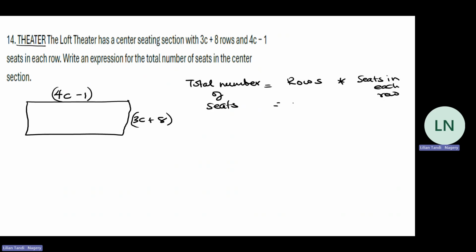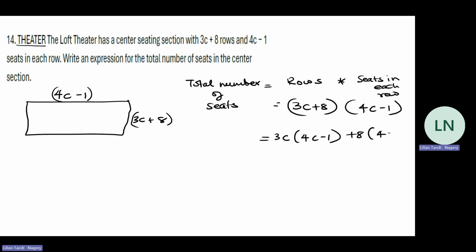How many rows do we have? We have 3C plus 8. And how many seats? 4C minus 1. I'm going to use distributive property. 3C multiply 4C minus 1. Positive 8 multiply 4C minus 1. Do distributive property.